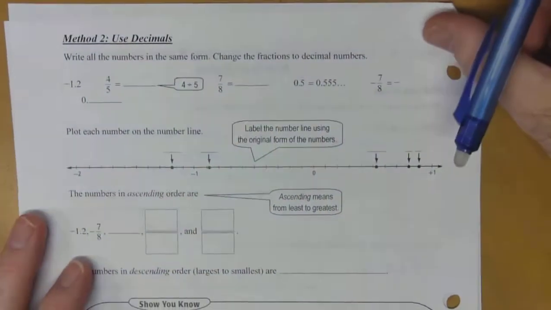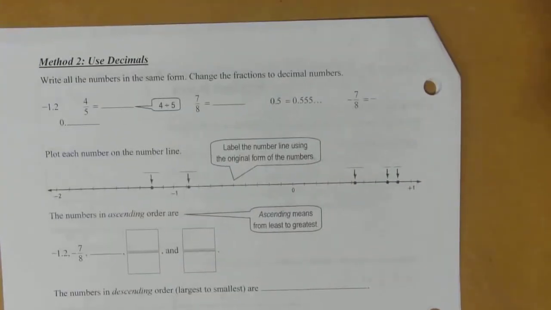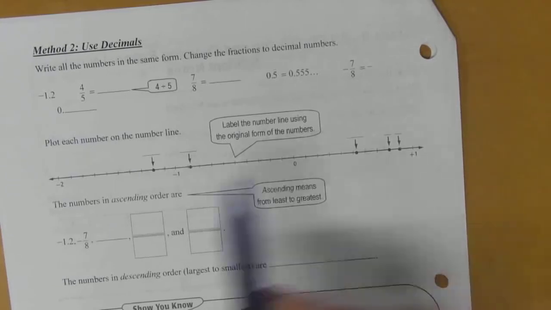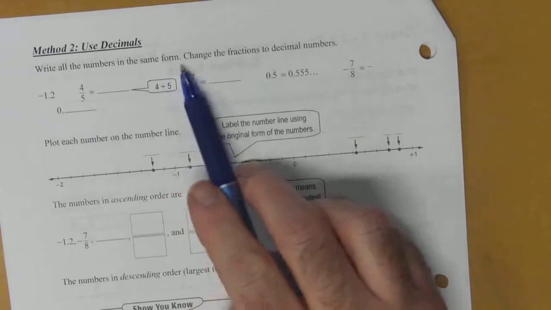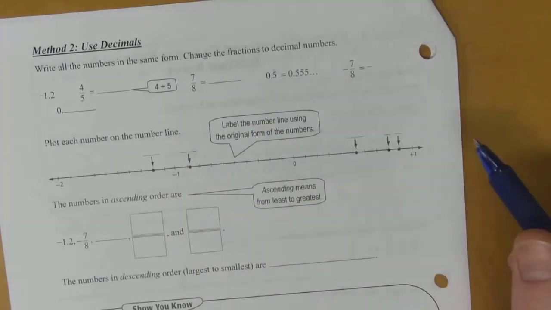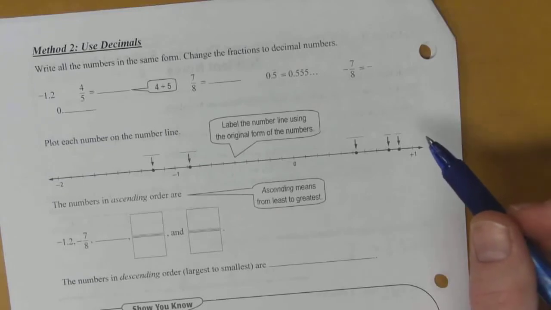All right, method number 2, instead of using estimation, we can use decimals. So an easy way to compare numbers is to use them in decimal form. We can write all the numbers in the same form by changing the fractions into decimal numbers. So let's do that.